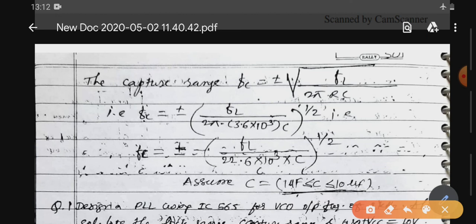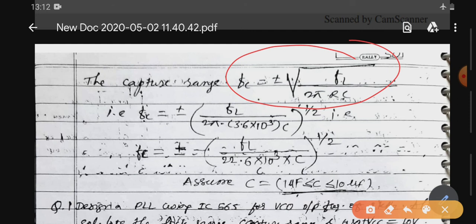Another formula you have to remember is for capture range FC and lock range FL. What is capture range and lock range? Theoretically we have studied it in second year, so I will just give the definition.